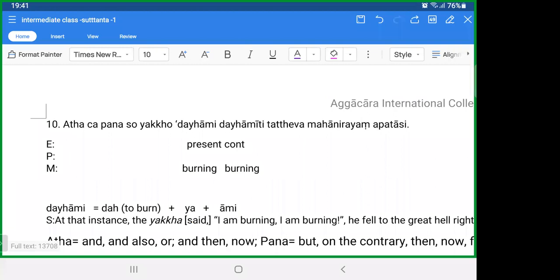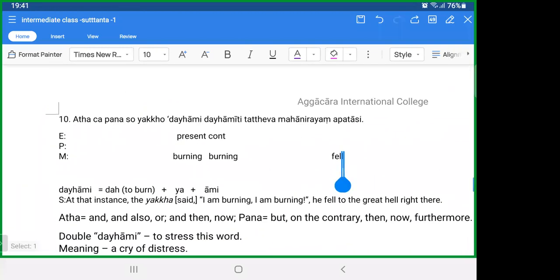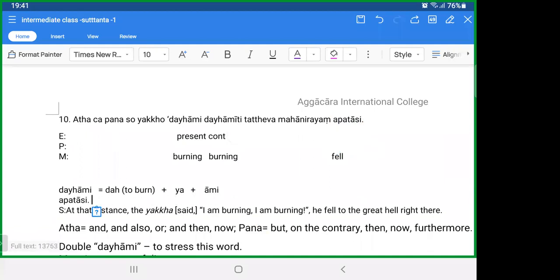Try. How do you get this apatasi? This is a past tense, right? So how do you form it? What is the root for this one? Anyone want to try, any other student who has not tried before? Let me try. Part is the root word.